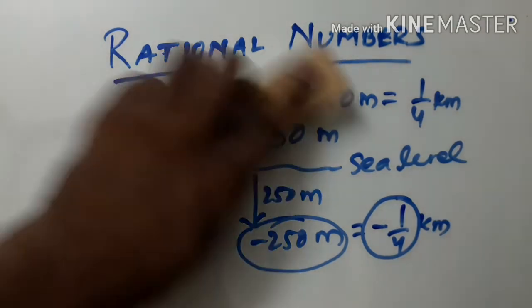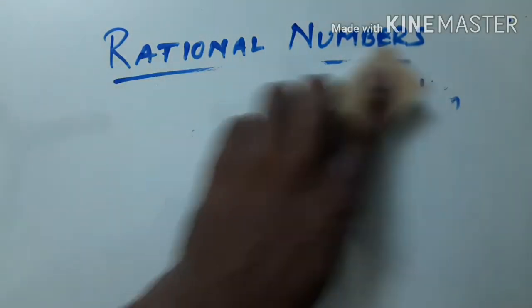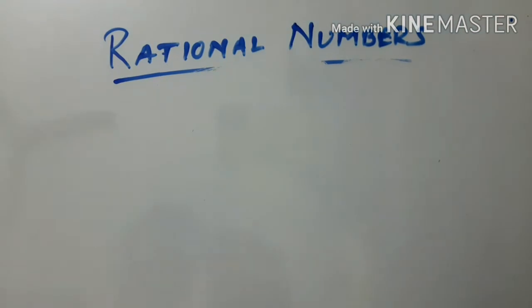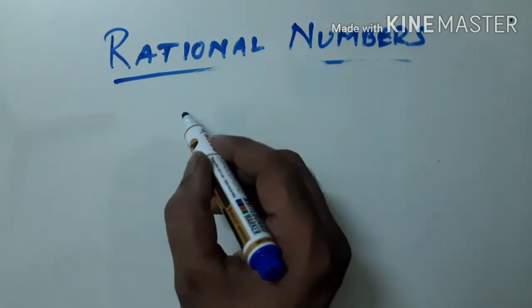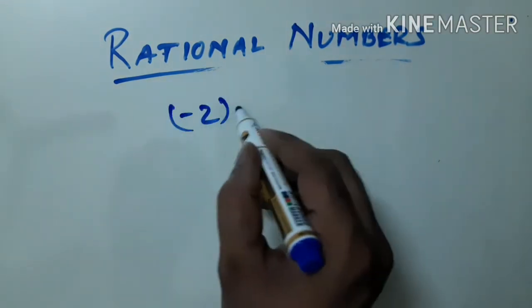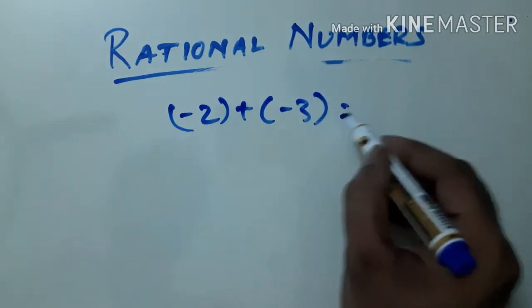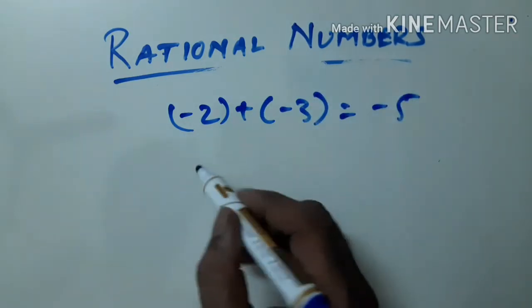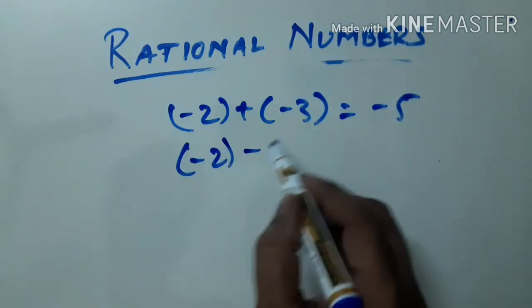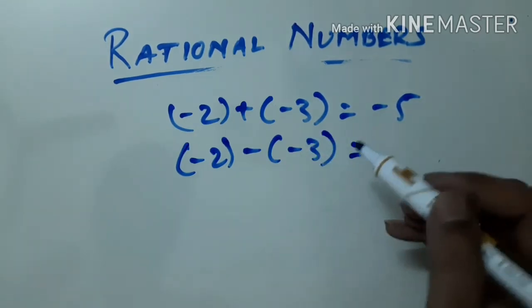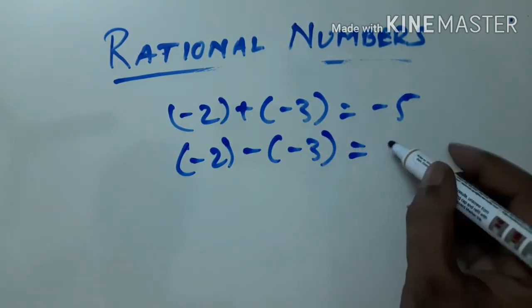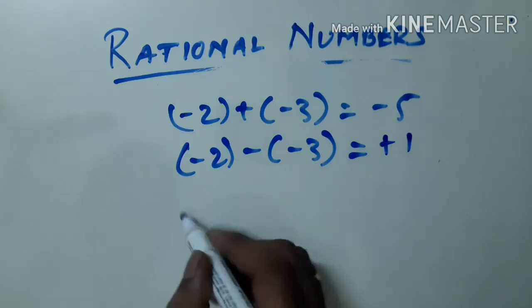Let's take another situation. As in integers we have seen, if we add two integers, we get an integer. If we subtract two integers, then also we get an integer.